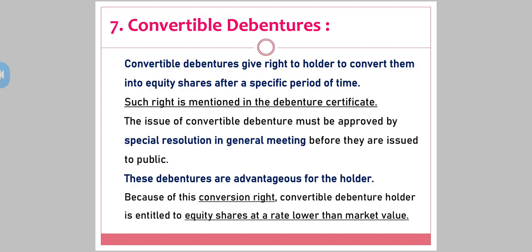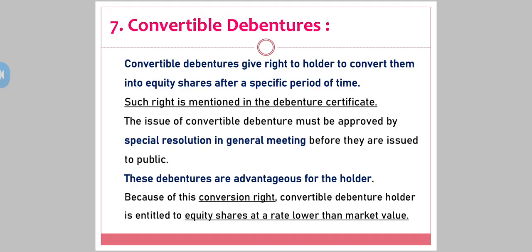These debentures are advantageous for the holder. Why advantageous? Because of this conversion right, the convertible debenture holder is entitled to equity shares at a rate lower than the market value. Let's say you have bought one debenture for rupees 100, but at the time of conversion into equity shares, the value of one equity share is maybe 150 or 200.